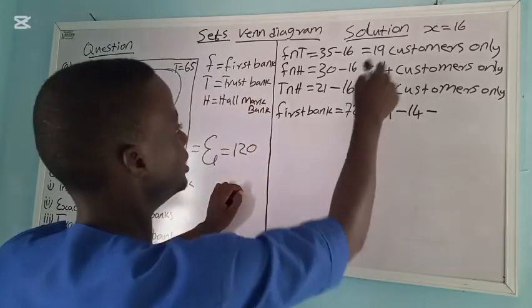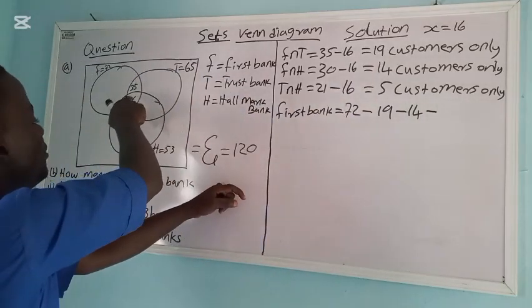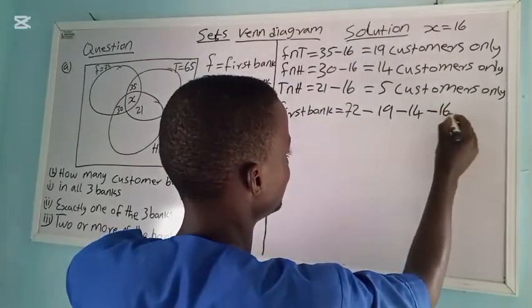Then minus the customers that use all 3 banks, which is 16.